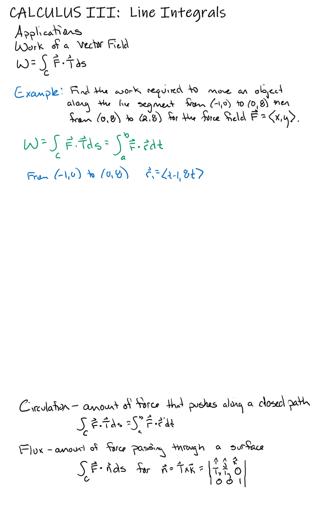R naught is the vector going to the first point, and then v is the vector going from the first point to the second point, and then of course it's R naught plus vt. All right, so then what about R1 prime? Well, R1 prime is 1, 8.